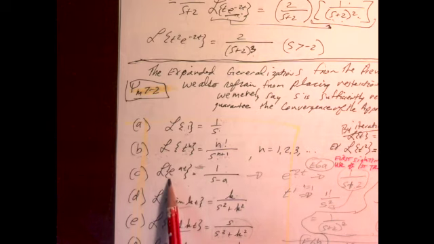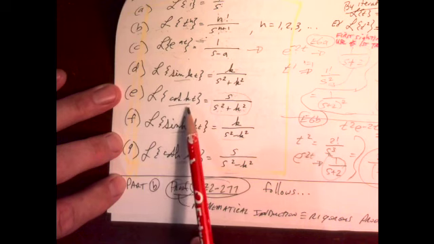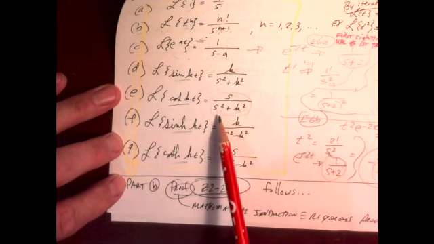If you had an exponential e raised to the at power, you put 1 over s minus a. Laplace of sine kt, you would put the k on top and s squared plus k squared in the bottom. And if you have the cosine of kt, it'd be s over s squared plus k squared.